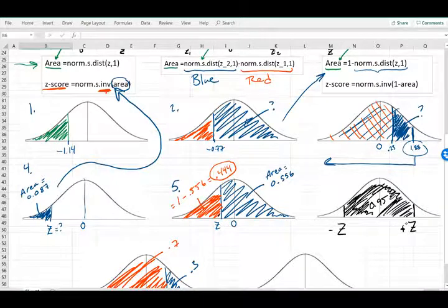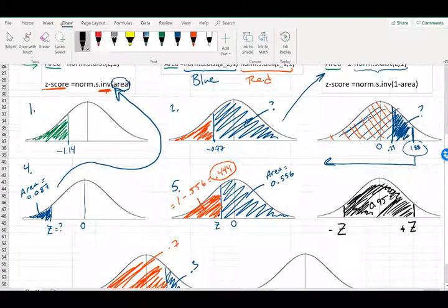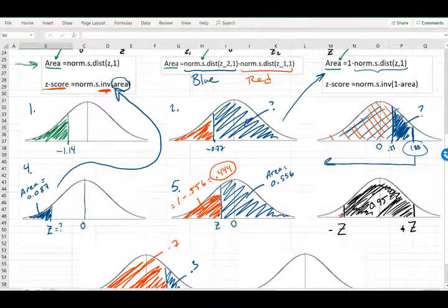Now, again, Excel can only work with area to the left. So let's see if we can figure out this area to the left. If the middle 95% is between these two z-scores, the other 5% has to be here and here. That other 5% is split half on the left, half on the right.